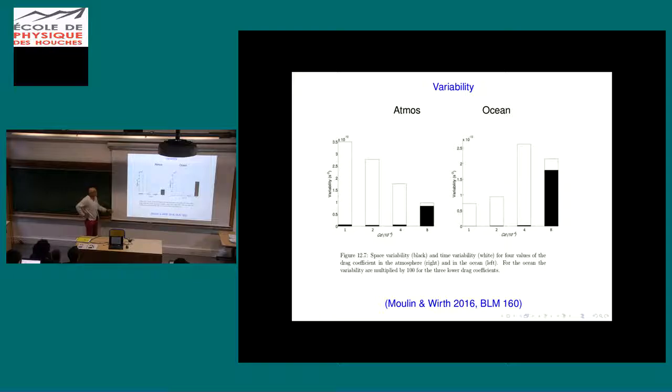And what you see is that for the lower friction coefficients, we have almost no spatial variability. So if I would show averages for the low friction drag coefficients, then the averages would be completely periodic in space.